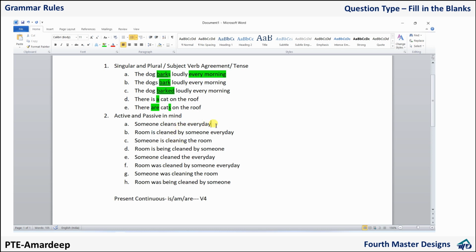So when you are saying, now this is what? This is your present simple. This is your present simple, but the passive form.